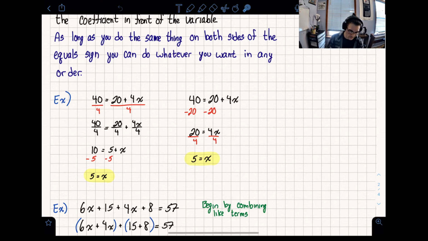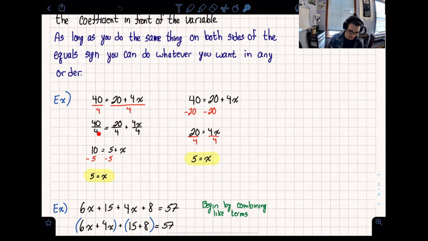When I divide the entire equation by 4, a very common mistake that I see a lot with students, something I want to make very clear here, is that we are not just dividing this by 4, but the entire thing, which means the 20 is divided by 4, then we rewrite the plus, and then also the 4x divided by 4. And then whatever we do to one side of the equation, we must do to the other.